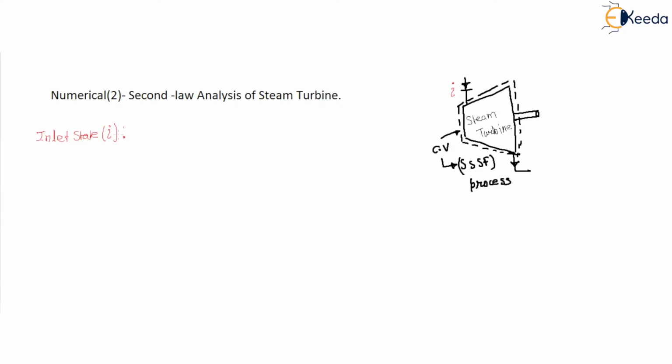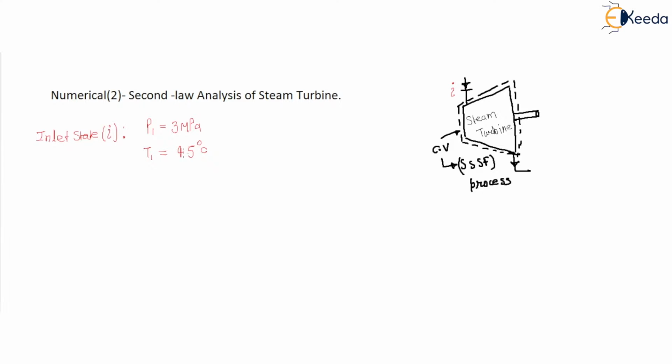What is given? The pressure P1 is 3 megapascal, and the inlet temperature T1 is 450 degrees centigrade. This is given.